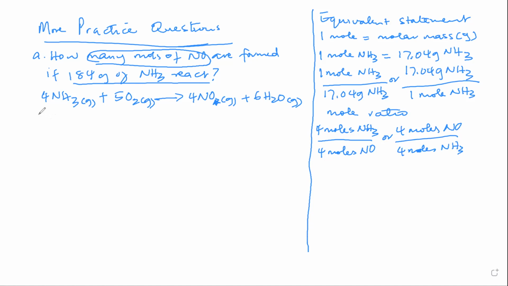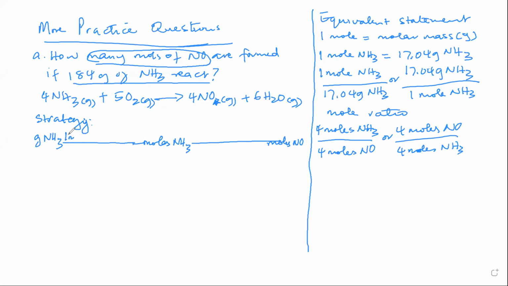Then we have the strategy. So the strategy, we are going from grams of NH3 to moles of NH3 to moles of NO. So this will be 1 mole of NH3 equals 17.04 grams of NH3.